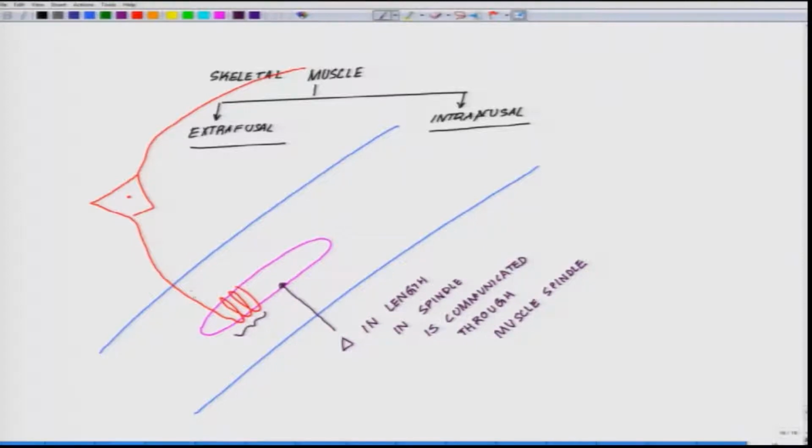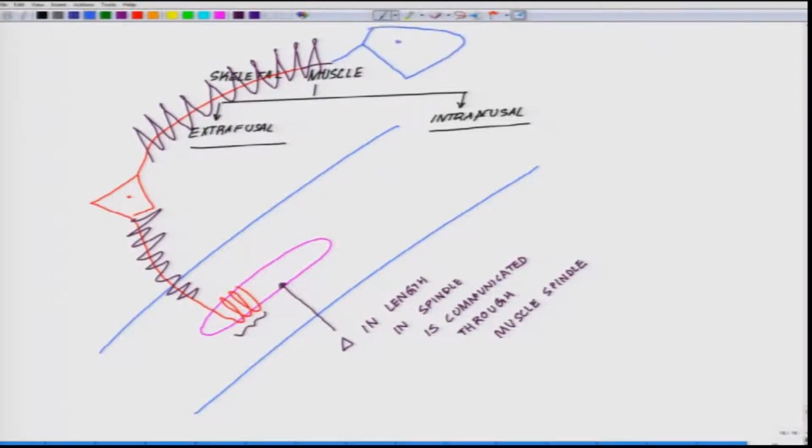So there is a train of stimulus which travels along like this. Now, at the synaptic site of the motor neuron, the large motor neuron axon picks up the signal. The blue is showing the motor neuron.